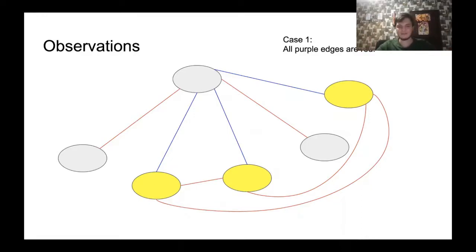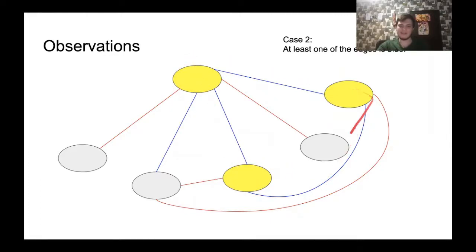satisfies our constraint. And now the second case is that we know not all of those purple edges are red. So this means that at least one of them is blue, which means that we have the construction I described some time ago: you choose the top vertex and 2 of those, because this edge is blue.